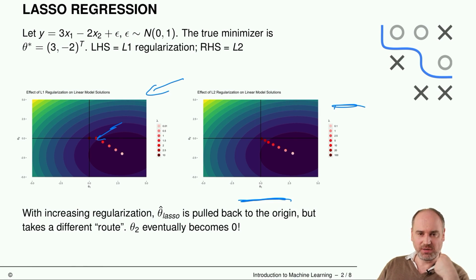So theta 2 and its associated feature get pushed out of the model, and this is what I meant by feature selection. We can drive coefficients and their associated features completely out of the model, shrinking their parameter values to exactly 0 with L1. This is our first indication that this happens, and we can exploit that in feature selection.